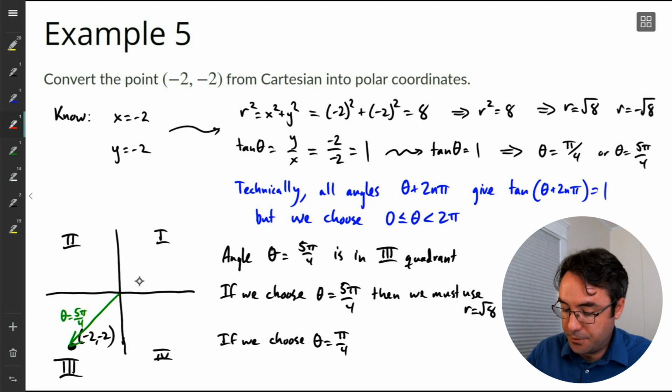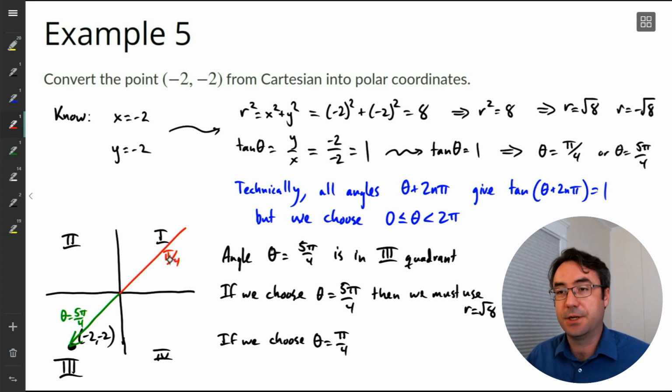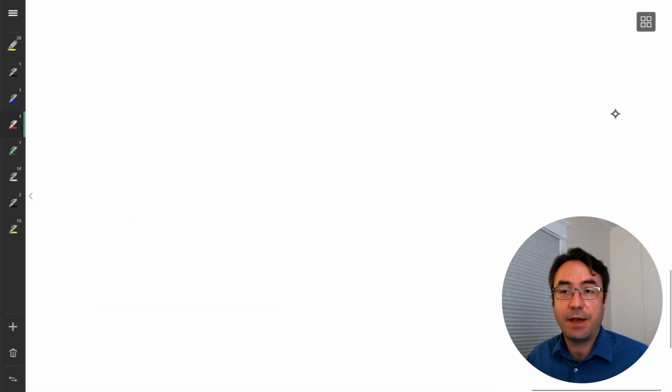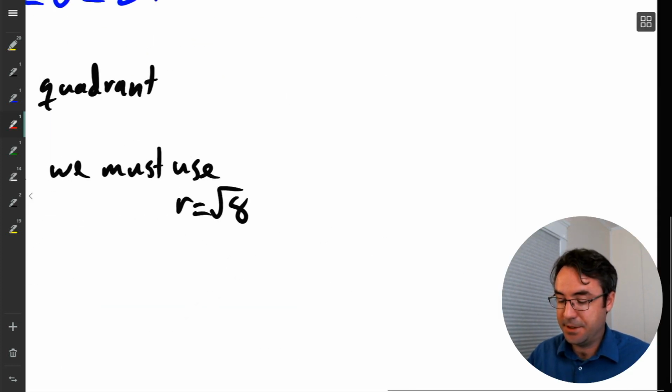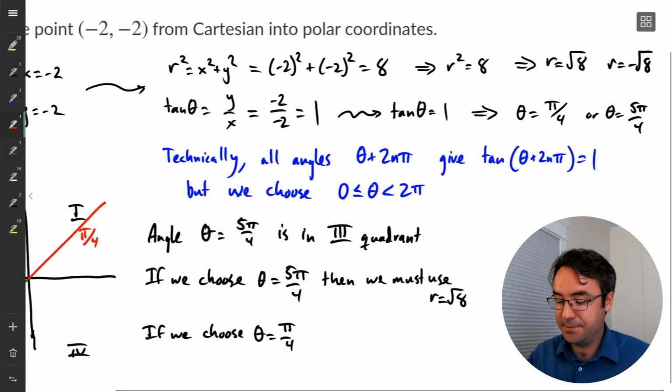But if we were to choose pi over 4, that's in the opposite direction. And so if pi over 4 is taking us in the opposite direction, we would have to use the negative r value to send us back.